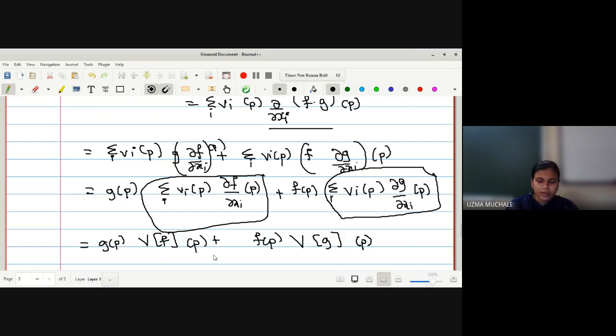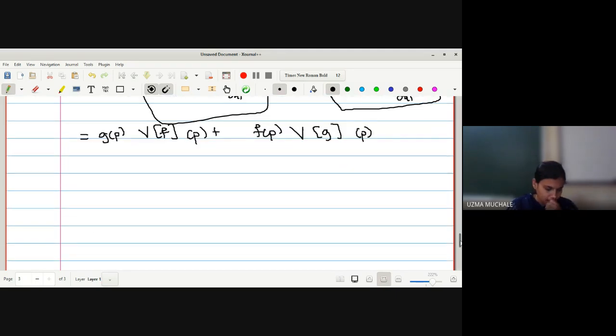Now again, you have to take the point p outside commonly, and we can write the result as g as it is times V[f], plus f as it is times V[g], the directional derivative of function g on a vector field evaluated pointwise.